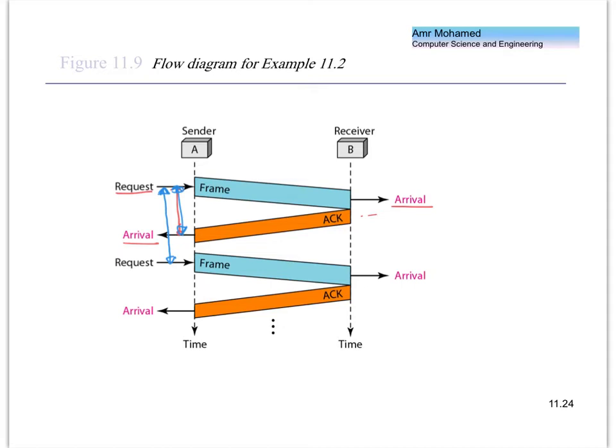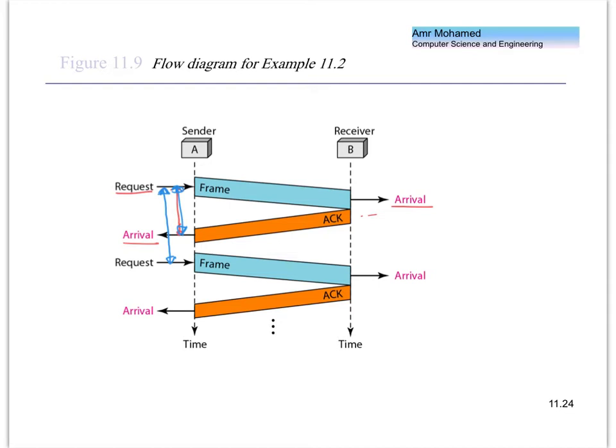And instead of sending everything, okay, we are waiting for a long time until we make sure that a frame has arrived by receiving the acknowledgement. So stop and wait is very, very conservative in doing the flow control to make sure that any frame that has been sent has been received successfully by waiting for the acknowledgement.